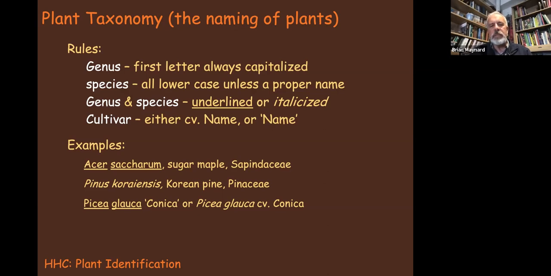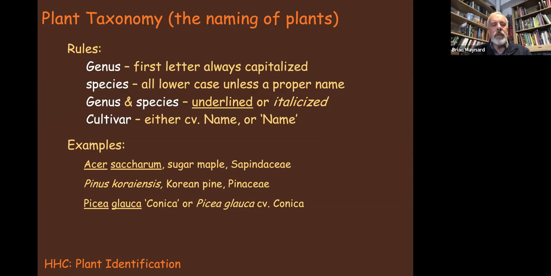And then Sapindaceae, which is the family, is not underlined, even though it's a Latin word, but that's just the way it is. And the first letter is capitalized. You could also, for example, italicize the genus and species, as we see on the next line for Pinus koraiensis, the Korean pine. And notice Korean is capitalized because it's a proper name.